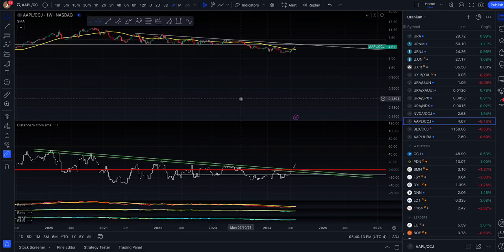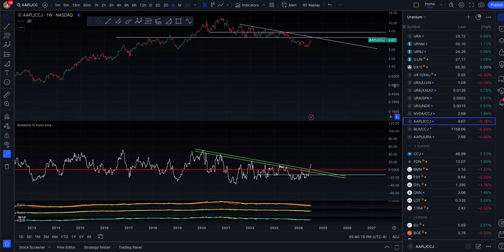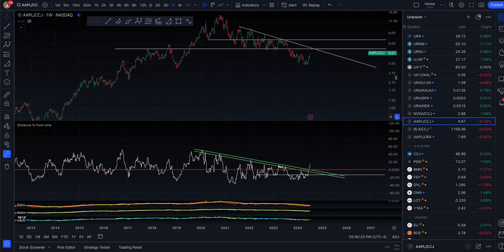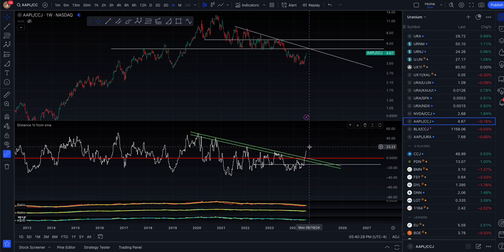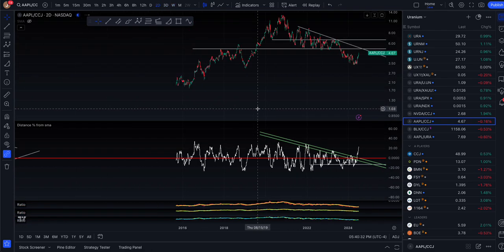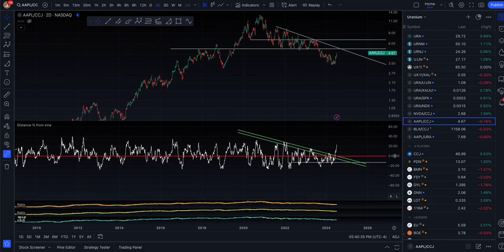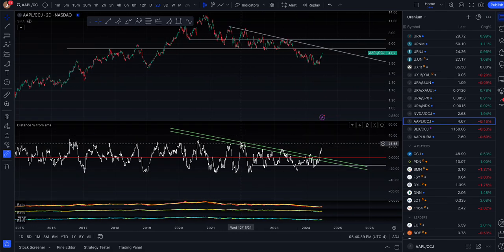If we go into the weekly though, here's where those green lines kind of come into play. So there appears to be a momentum breakout of Apple versus CCJ on the weekly, right? But another thing about the distance from the 3-year moving average is I think on the lower time frames for the most part, this is kind of the overheated zone.